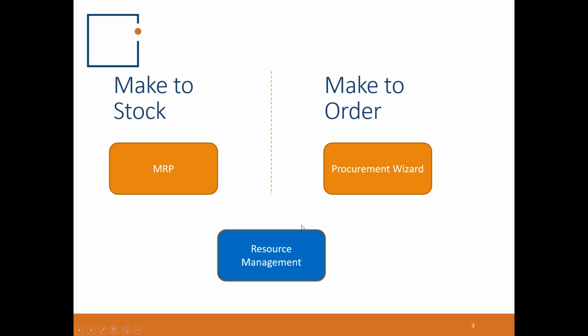For both of those, there is the resource management available that allows you to manage costing and resource capacity. But today, really, we're going to focus on the MRP features of SAP Business One. Maybe in future sessions, we can talk about the procurement and the resource management.